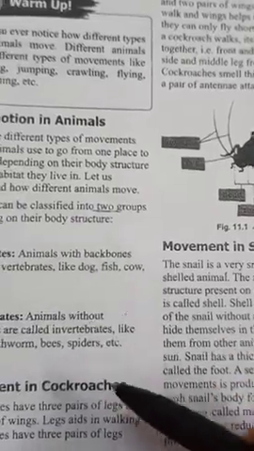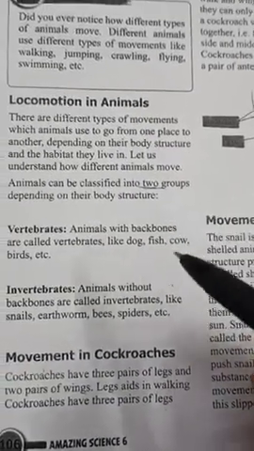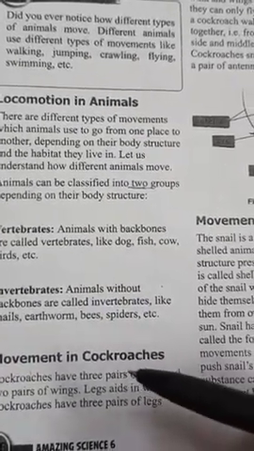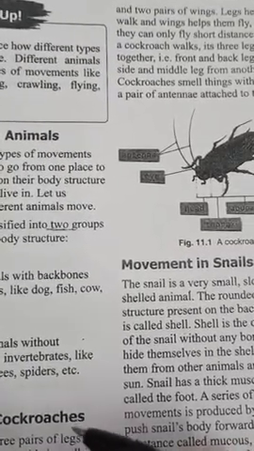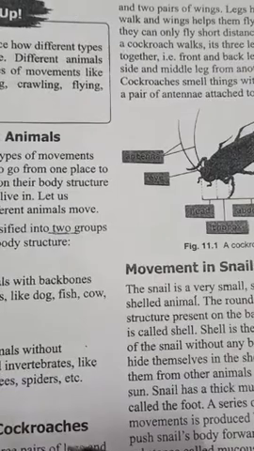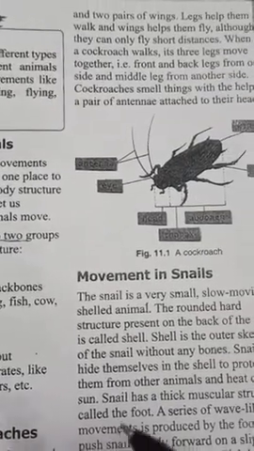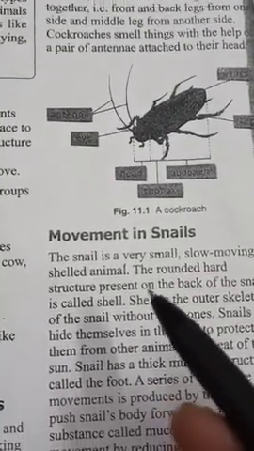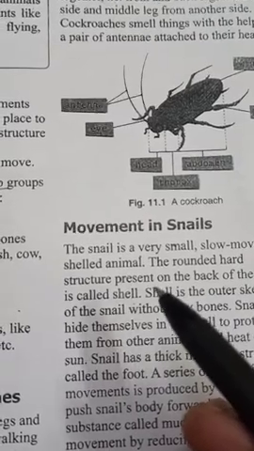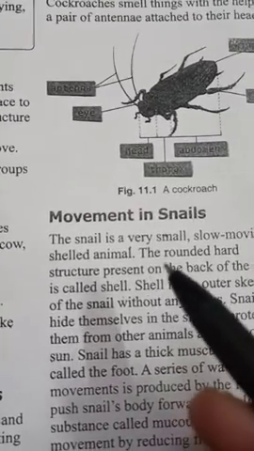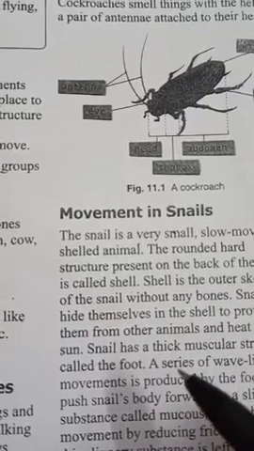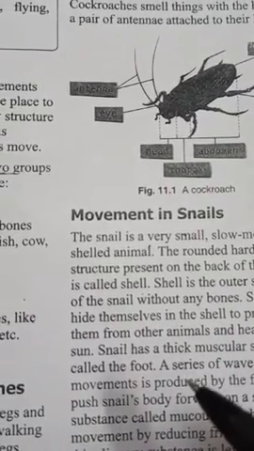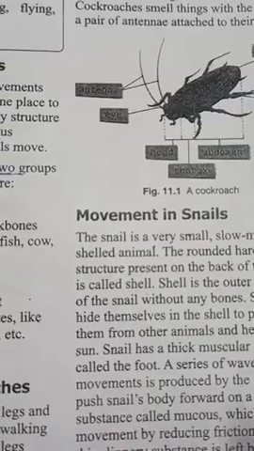I have explained in detail how insects like cockroaches move and what kind of organs help them for movement. And snails are very slow organisms, and they move with the help of their sticky, slimy and muscular foot.